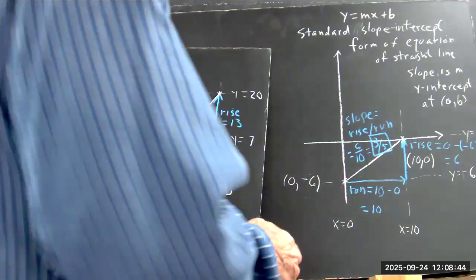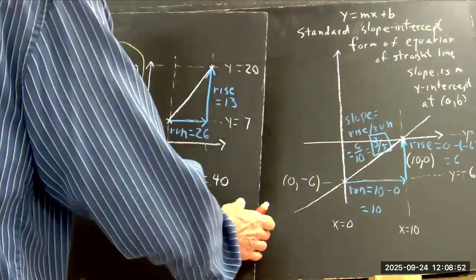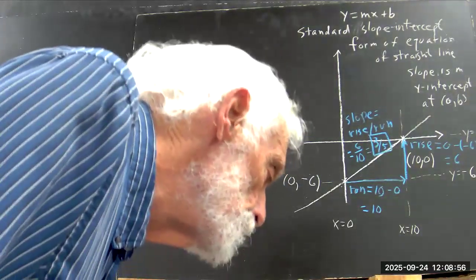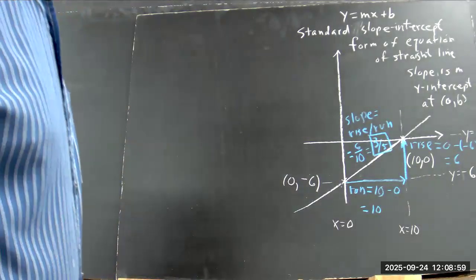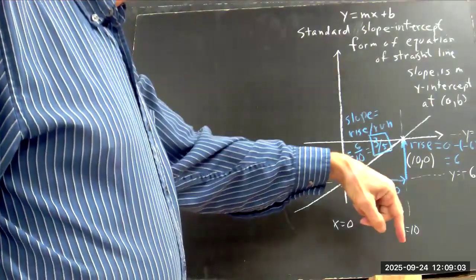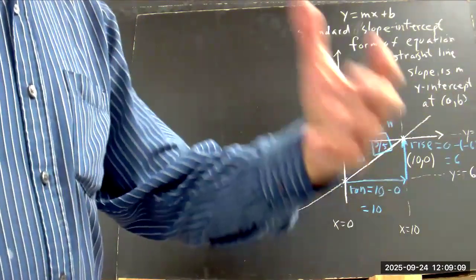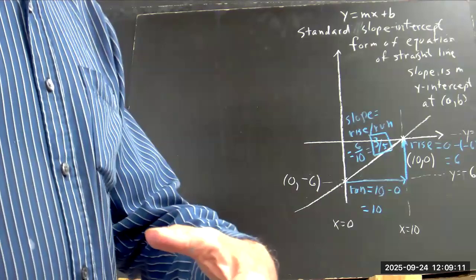Okay, so anyhow, we now know the equation of this line. So I can extend this line on forever. What's the equation? I told you the equation is y equals mx plus b. And I've told you that m is the slope and b is the y-coordinate of the point at which the graph intersects the y-axis.